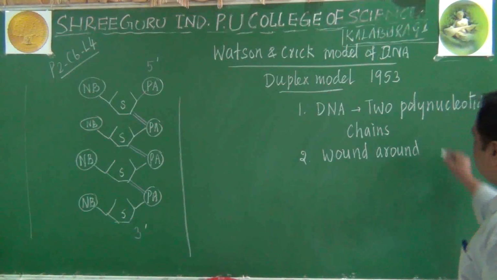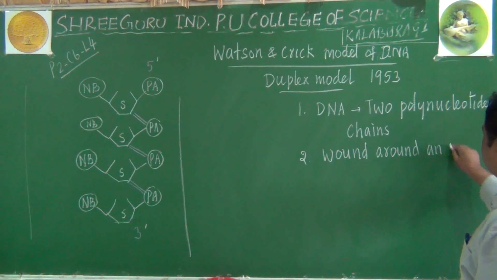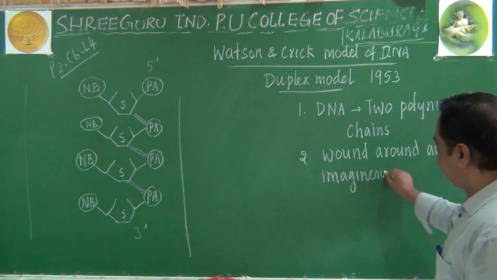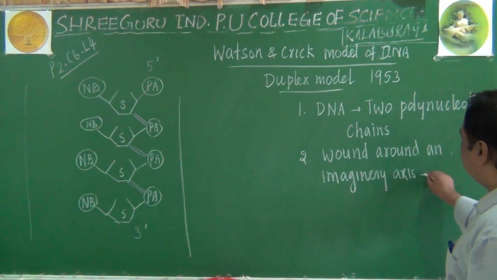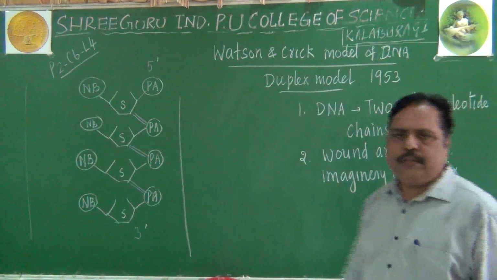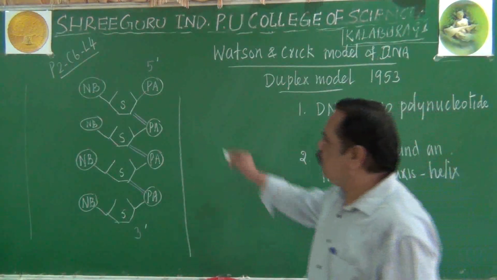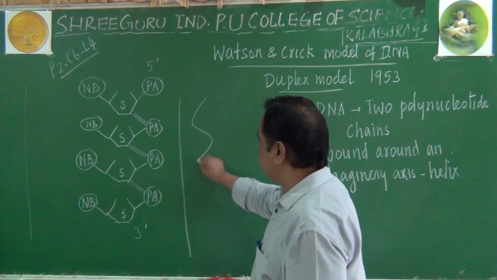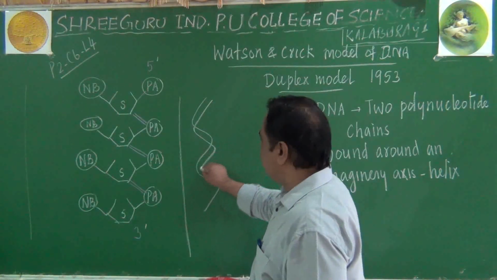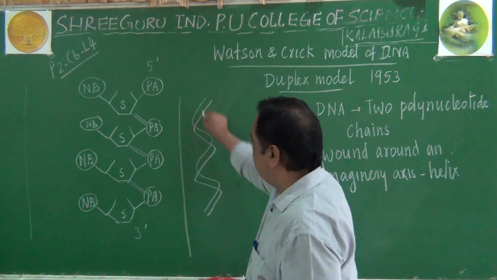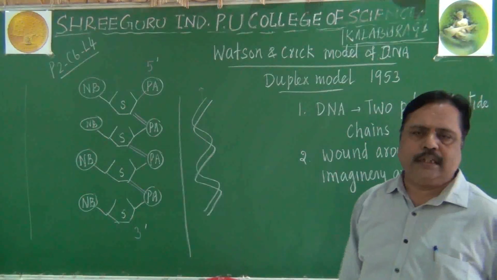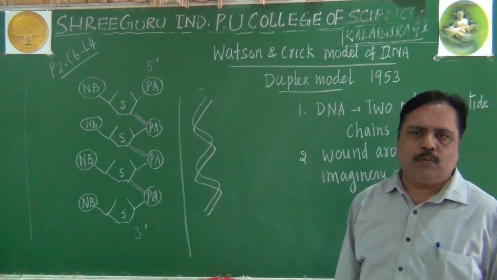They are coiled around an imaginary axis to produce a double helix, otherwise a helical staircase-like structure. This is one chain, this is another chain. They are coiled around an imaginary axis so that they will become a helical staircase. That is the second point proposed by Watson and Crick.